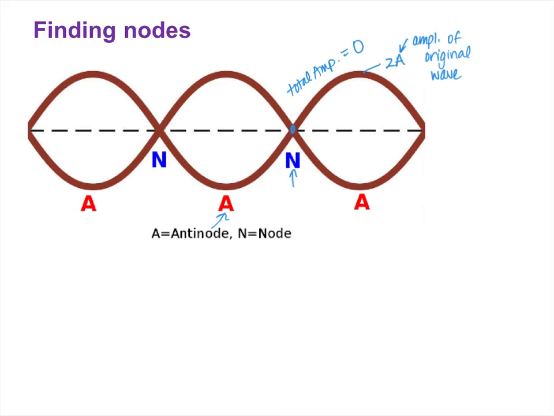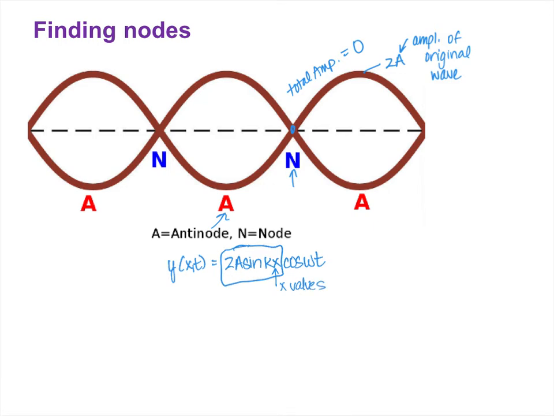Okay, so where are we going to find the nodes and the antinodes? Let's just remind ourselves of what our expression was that we were working with. So it's this piece right here that's going to help us figure out where the nodes and the antinodes are, because this is going to tell you the x values where those occur.